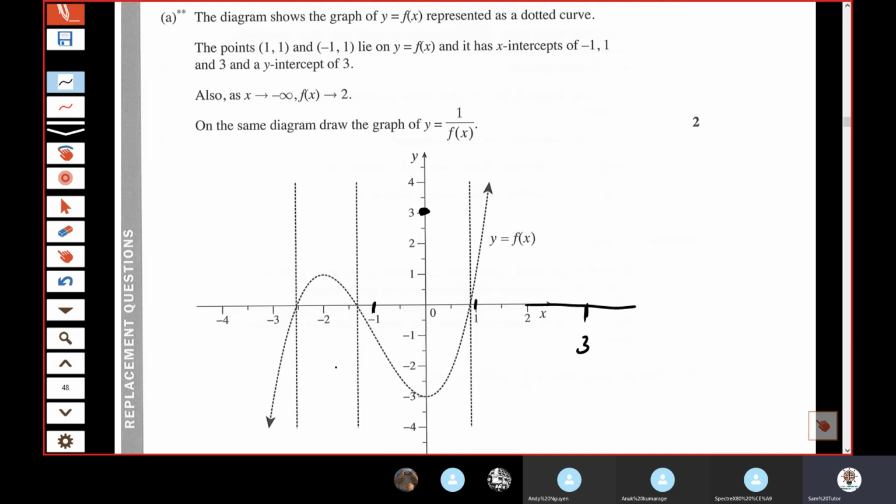And also as x is approaching negative infinity, y is approaching positive 2. As x is approaching negative infinity, y is approaching 2. Does that work? Just like that. That's the only way. Has to start up here, bounce.